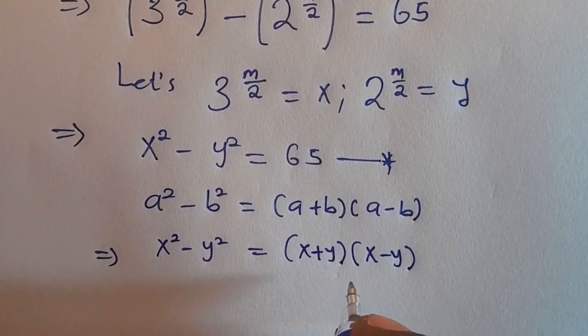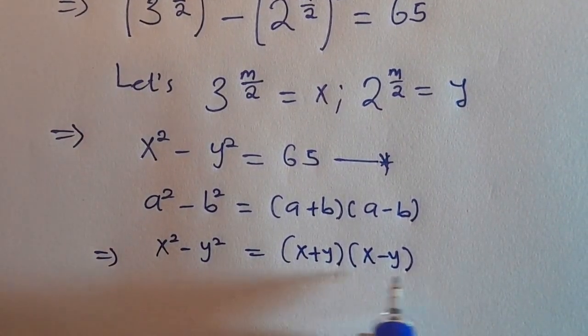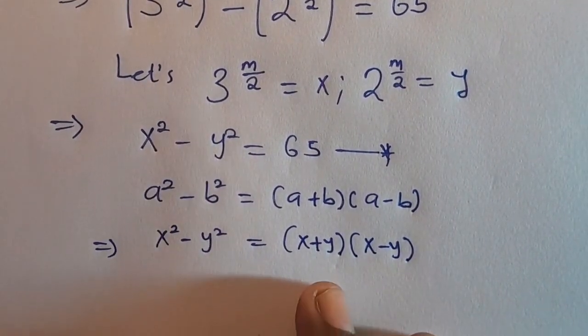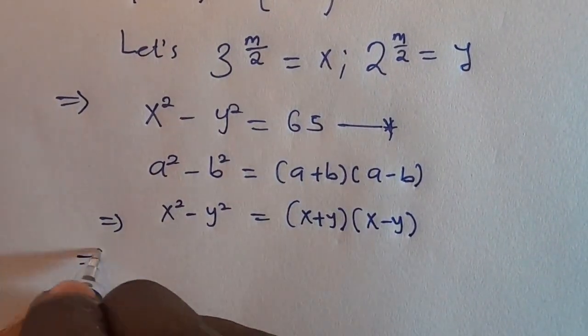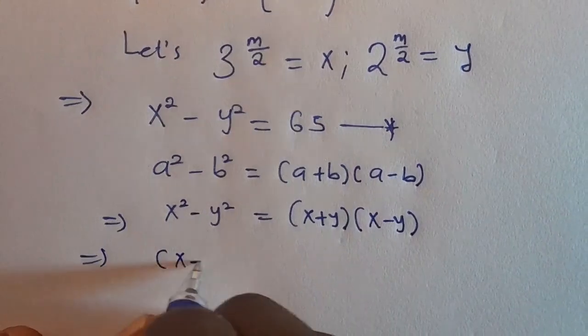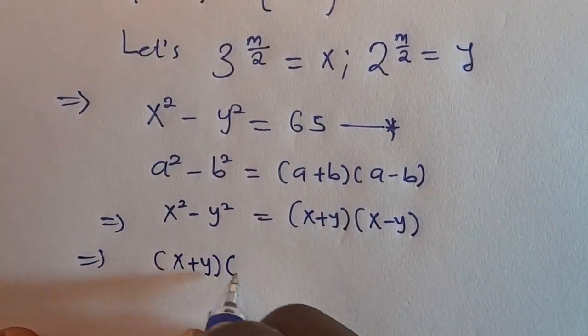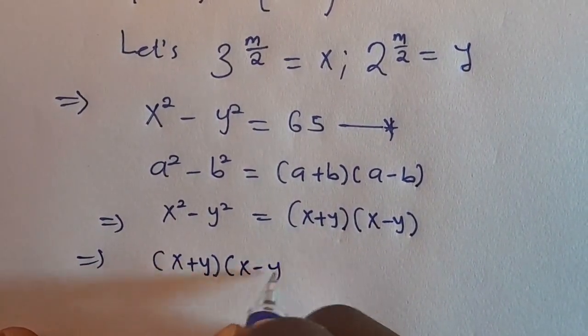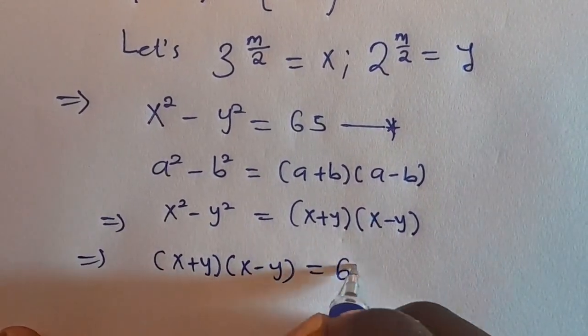Now, by substituting this into the left hand side, we have (x plus y) multiplied by (x minus y) equals 65.